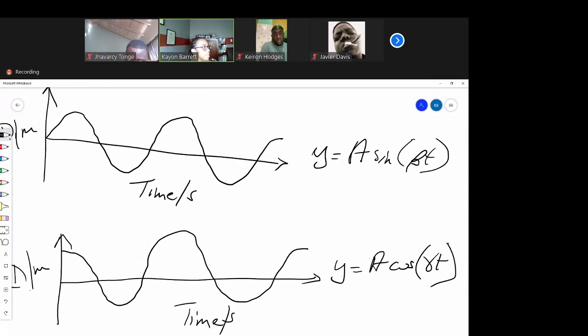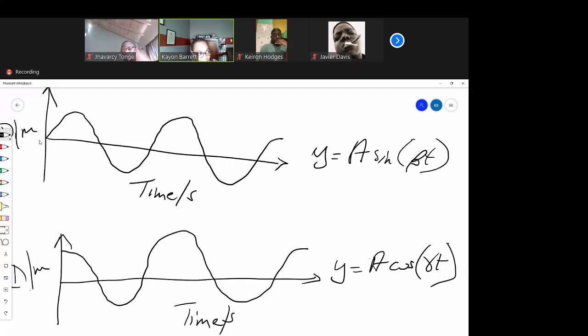So then, initially at time t equals 0 for this one, sine of beta times 0 is clearly going to be 0. So sine of 0 would be 0, as you know, and so A times 0 would be 0.